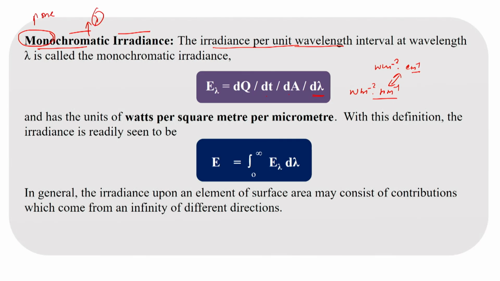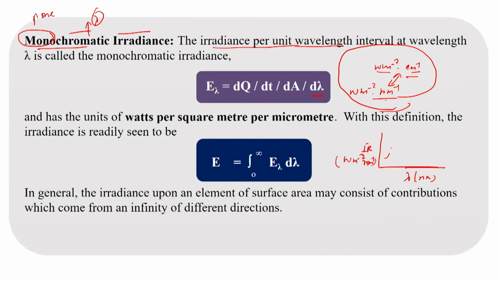This is usually confusing, but we have very little choice, because some texts use watts per meter square per nanometer, and sometimes you will see watts per meter square per centimeter. But anyway, you can calculate this. If you have irradiance in this direction and lambda in nanometer, the unit was watts per meter square per nanometer.